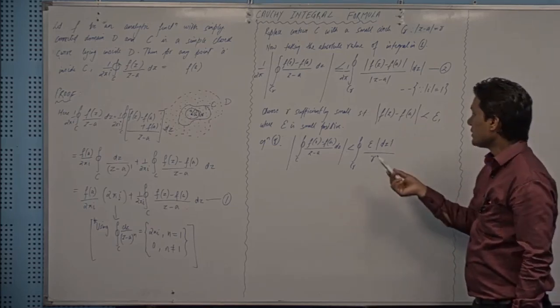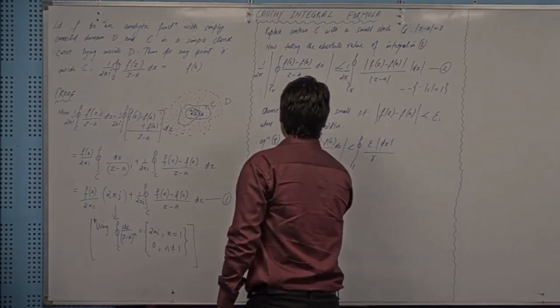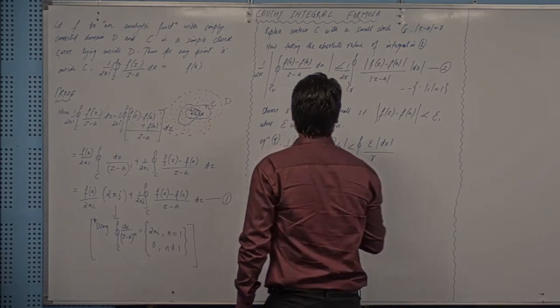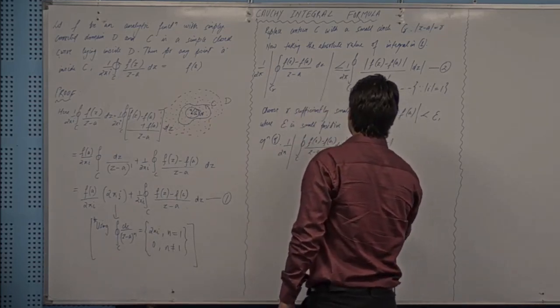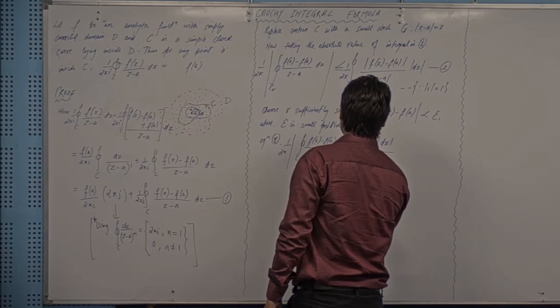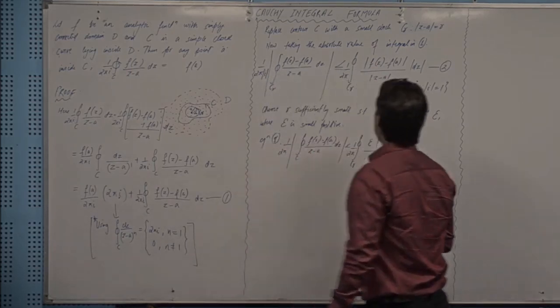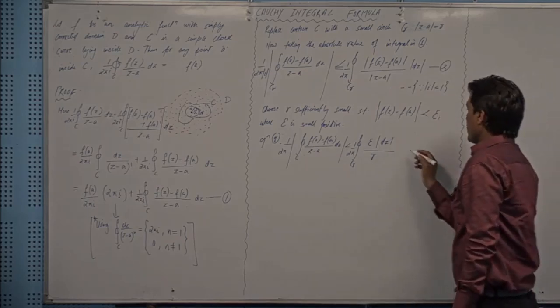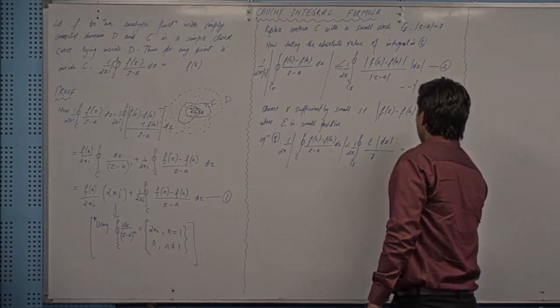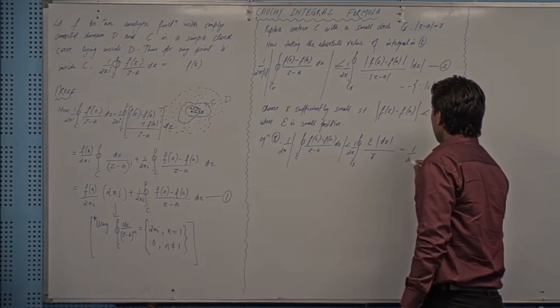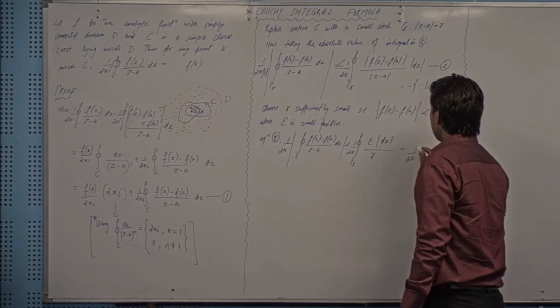And here we'll have 1 by 2 pi, and ultimately it will be equal to 1 over 2 pi, and epsilon will come out.